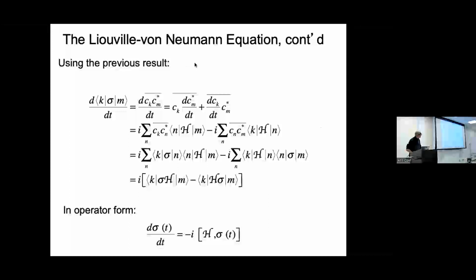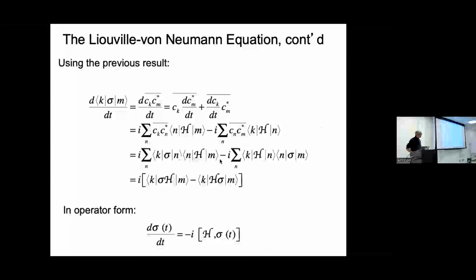So that's the second line. And then there is a trick that can be used, that the ket bra written here is an identity operator.